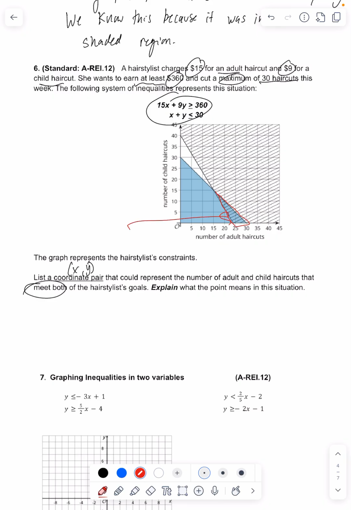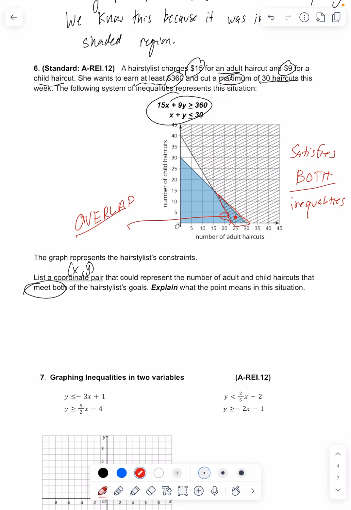So this overlap means that it satisfies both inequalities in this case, right? So they're asking us to find one that meets both. So in this case, we could say like 25, 3, for example, right?